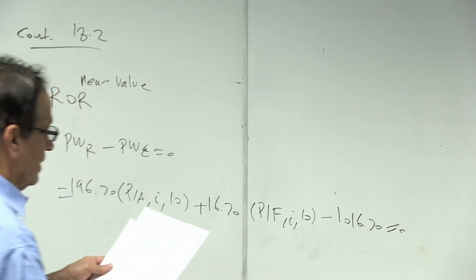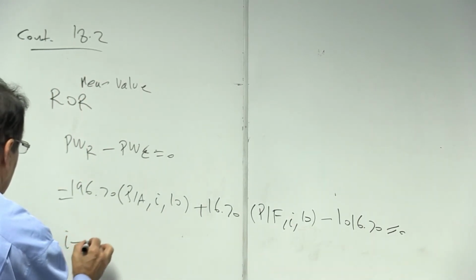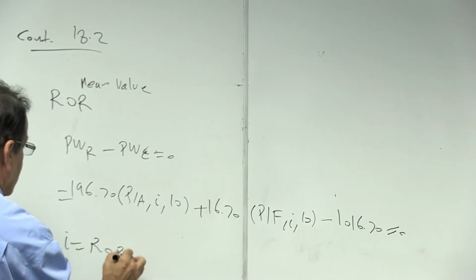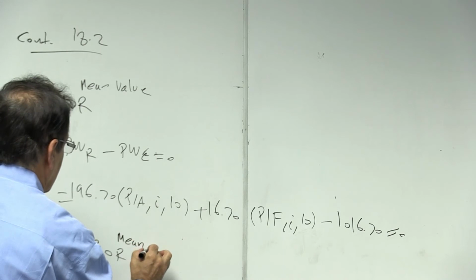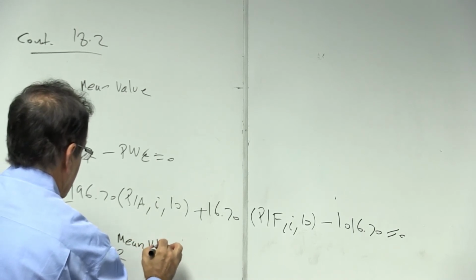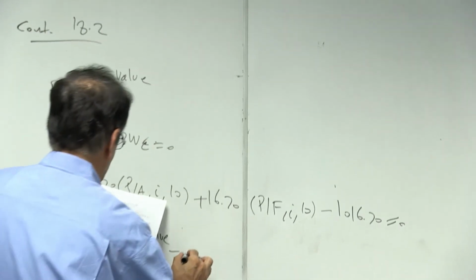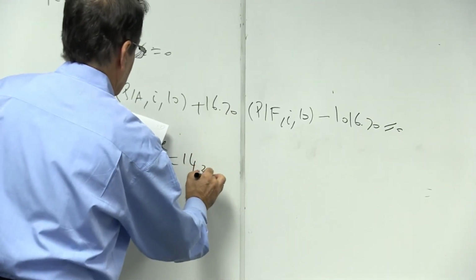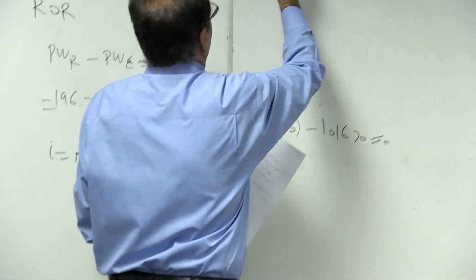If you set this equal to 0 and solve for I, that's going to be the rate of return based on mean value. It's going to be close to 14.3%.